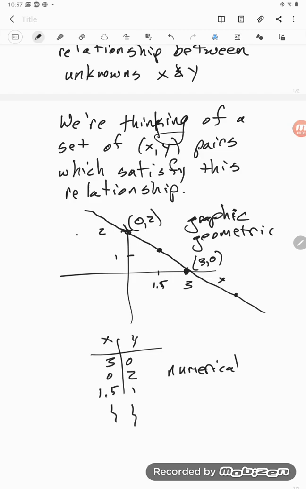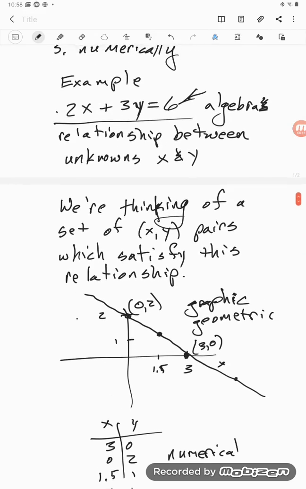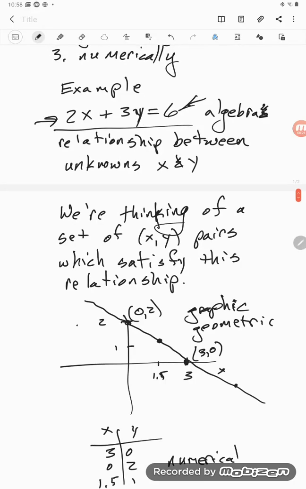I could represent this in a table, but the idea here is, the algebraic and the geometric or graphic are much more powerful in many ways, as far as theory and working with relationships and all that. These are going to be the two powerful ways of doing things.